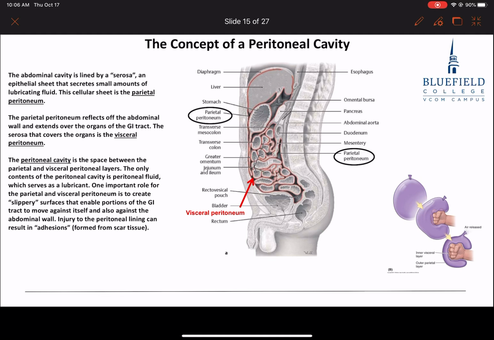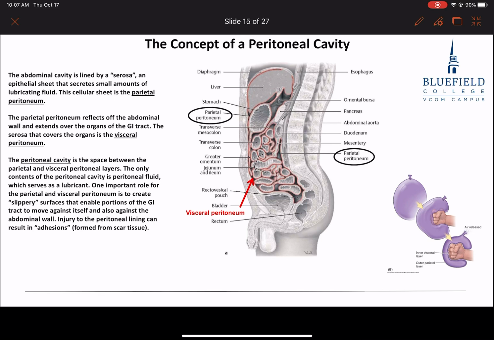So out here, we would refer to this as visceral peritoneum. And this dark area right here, which is between the parietal peritoneum on the wall and the visceral peritoneum on its way to the organ, this would be the peritoneal cavity. Is that good? That makes sense?